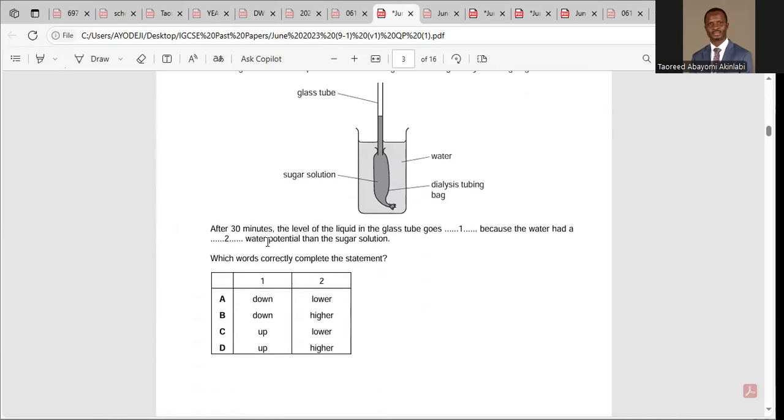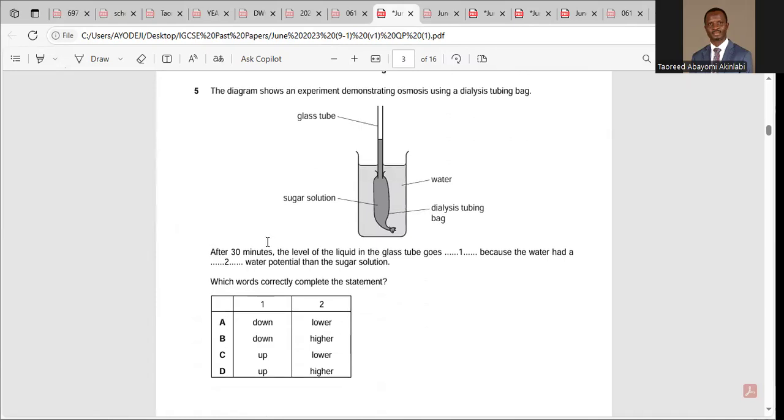Now, this question is testing the knowledge of osmosis, which can be defined as the movement of water molecules from a region of high water potential to a region of low water potential through a partially permeable membrane. High water potential is outside the glass tubing, while low water potential is inside because it contains sugar solution.